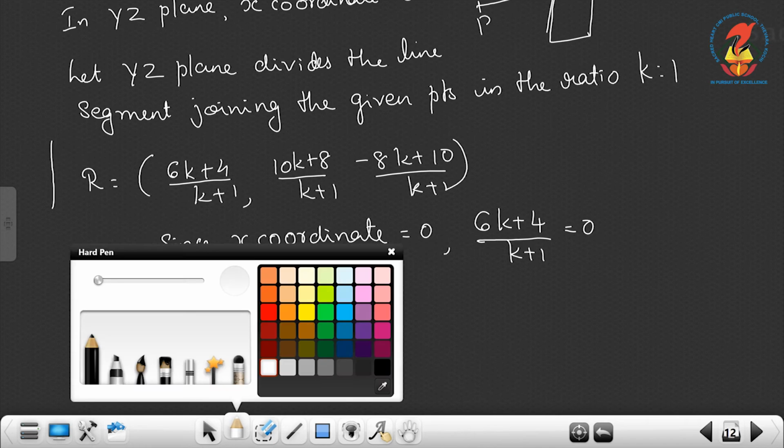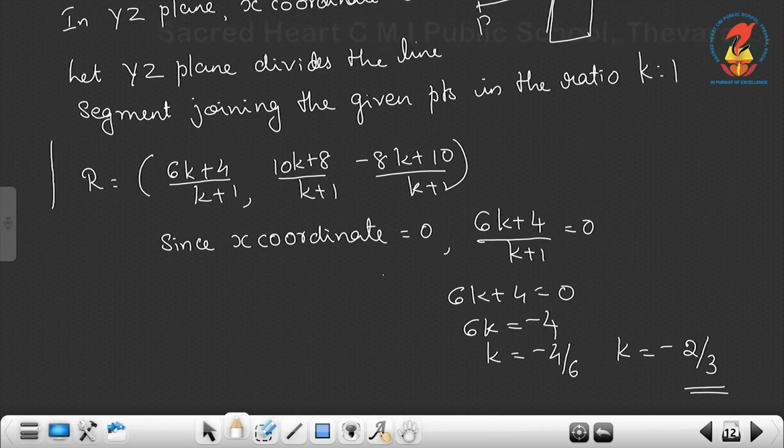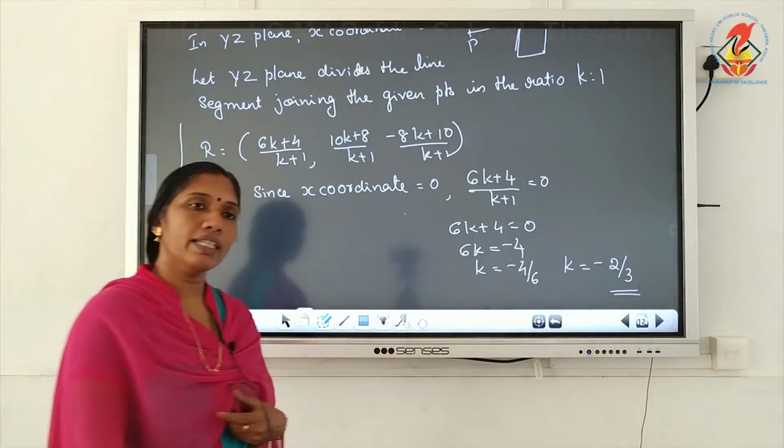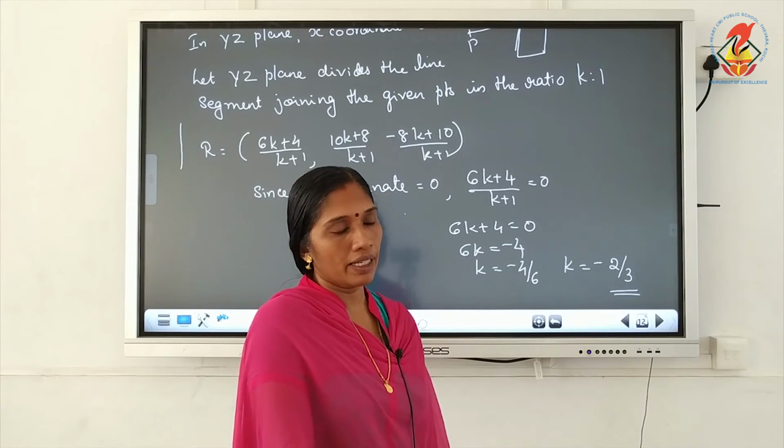So from that, 6k plus 4 is equal to 0. So 6k is equal to minus 4, or k is equal to minus 4 by 6. That is k is equal to minus 2 by 3. So this minus sign indicates the division is external. Okay.